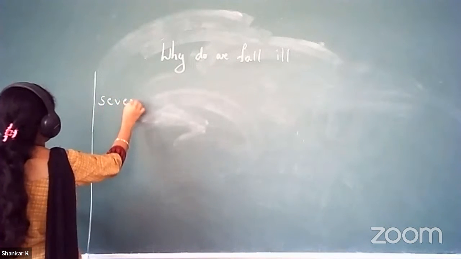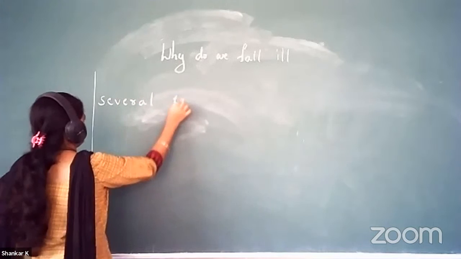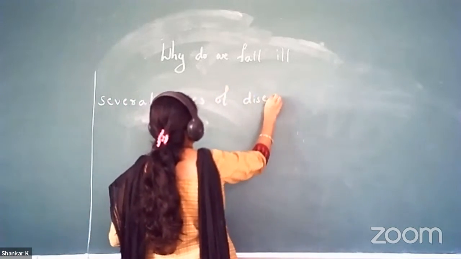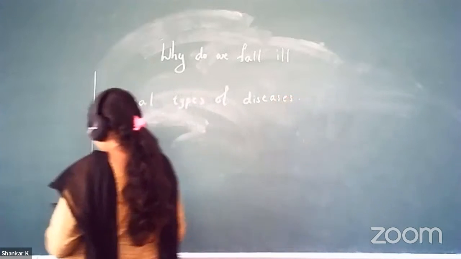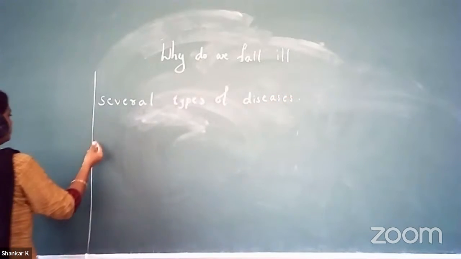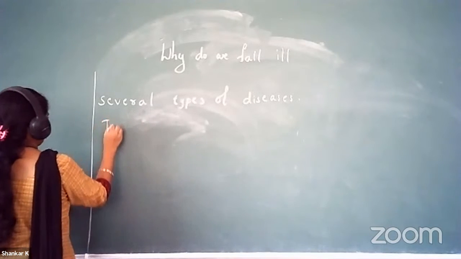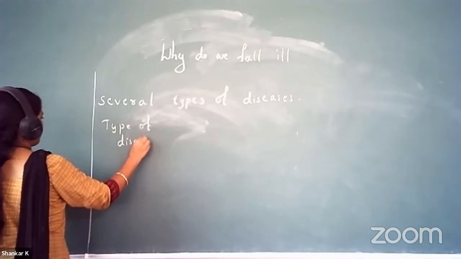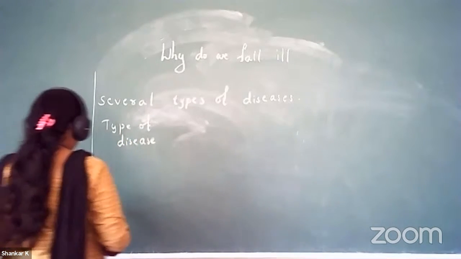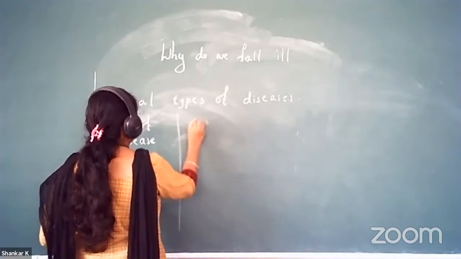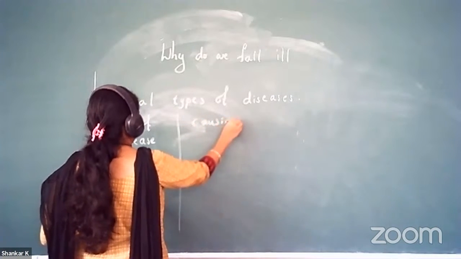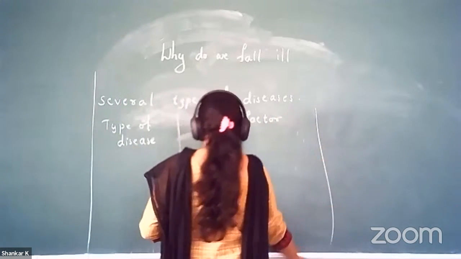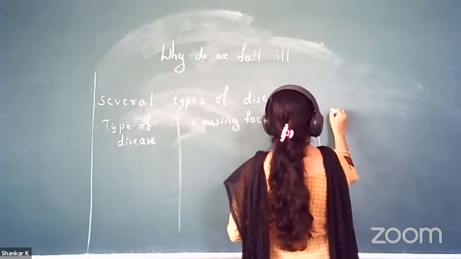Several types of diseases: type of disease, causing factor, example.